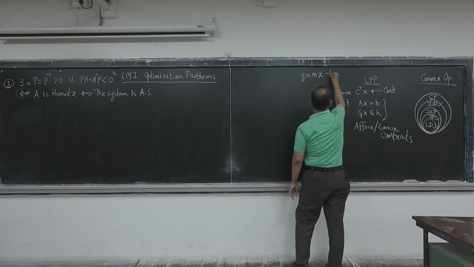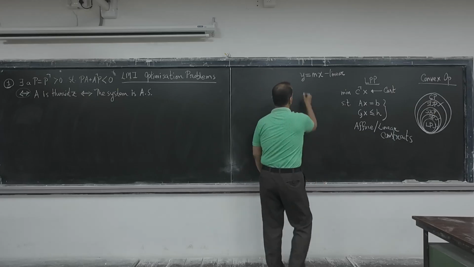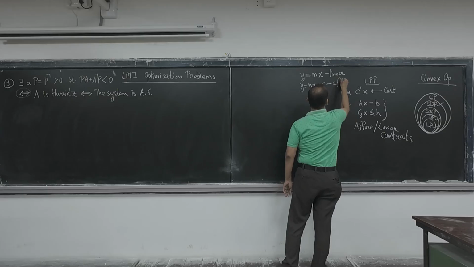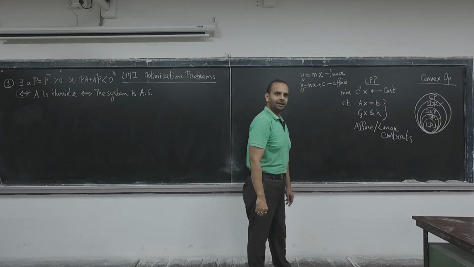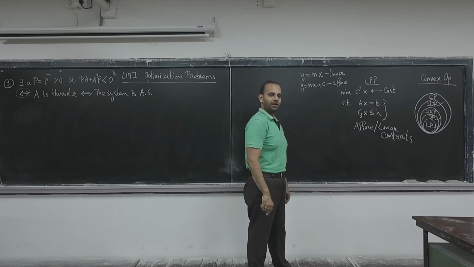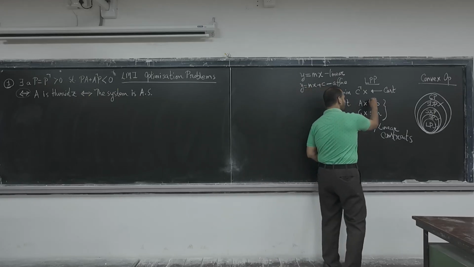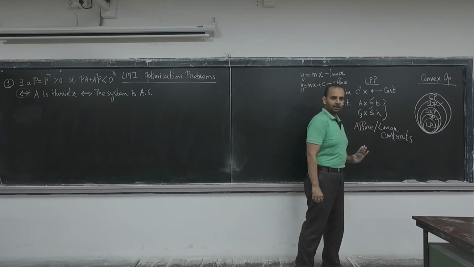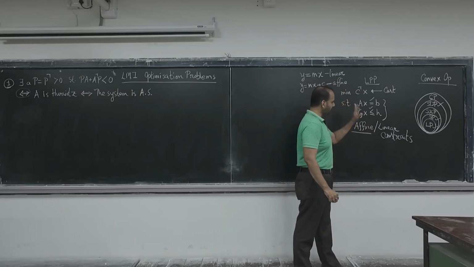So this is linear, and affine is y equals to mx plus c. So now you can see that this can be represented exactly in the same fashion, as b equals to Ax or Ax minus b equals to 0. So that's why they are all called affine constraints. Now it can be equality, it can be inequality, but these are all like the class of linear constraints. But to be technically more specific, we should say these are affine.